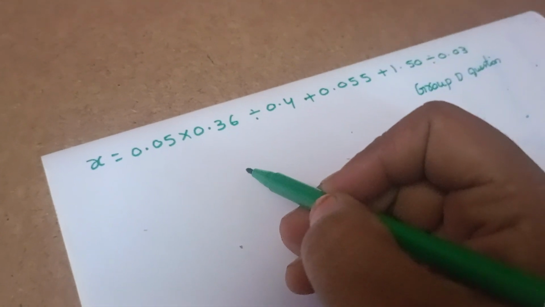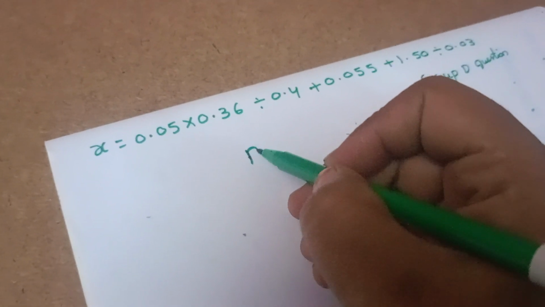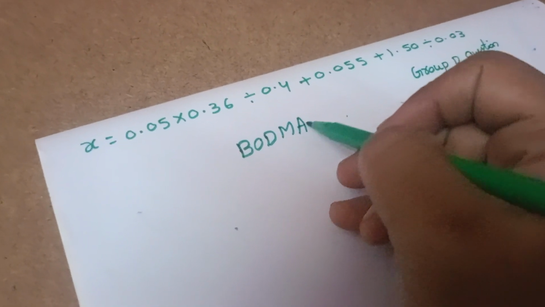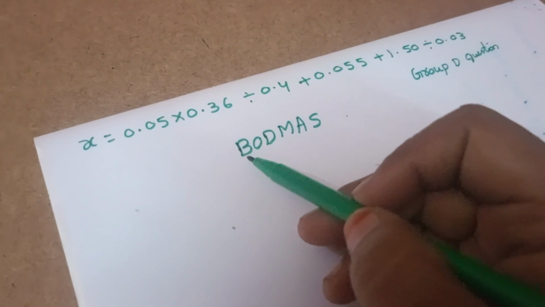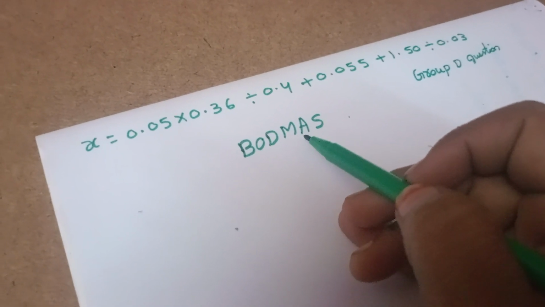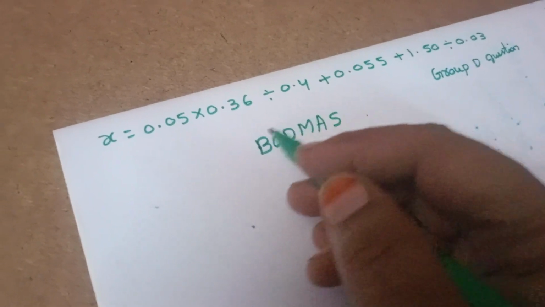First we apply BODMAS rule. First bracket, of, division, multiplication, addition and subtraction.